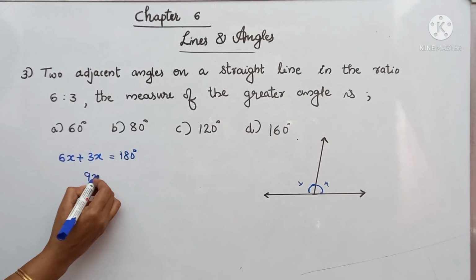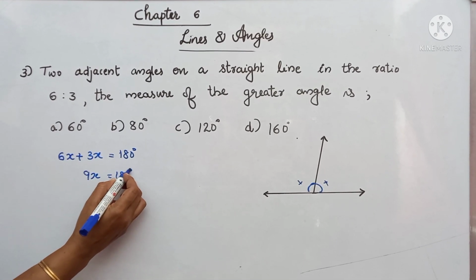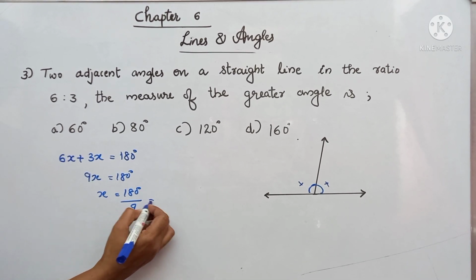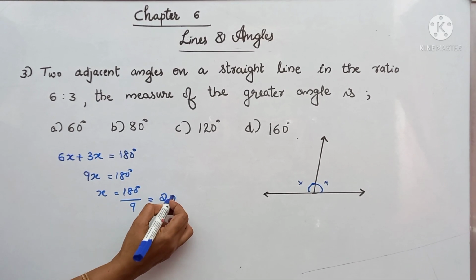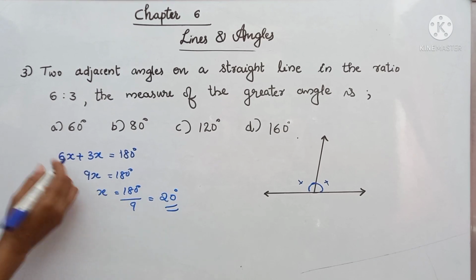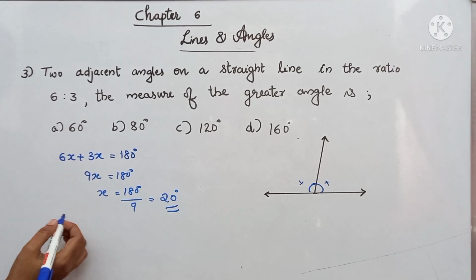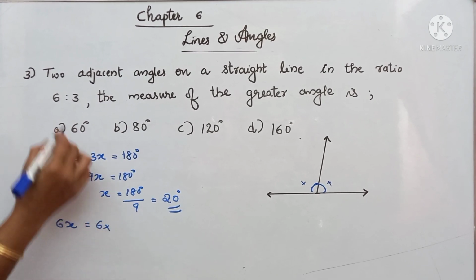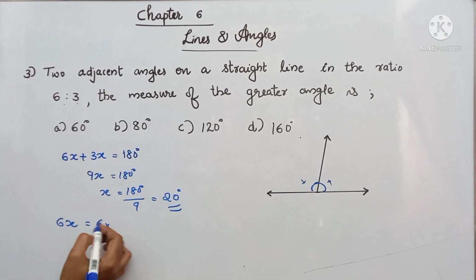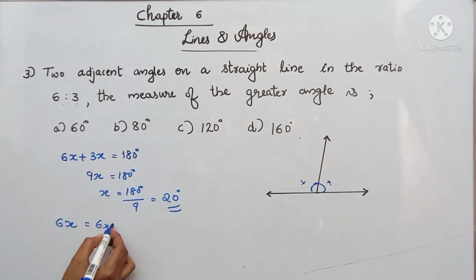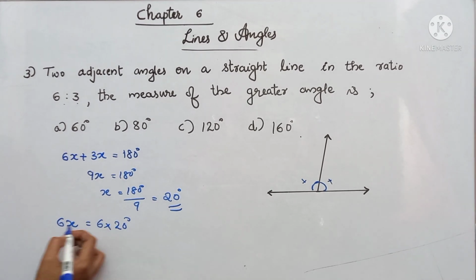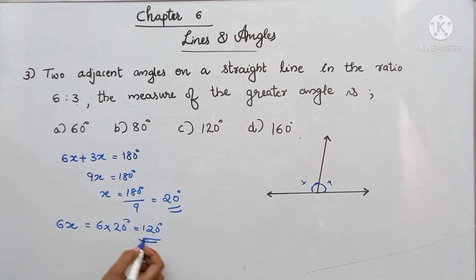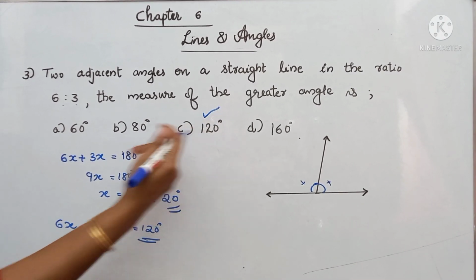So 9x is equal to 180 degrees, then x is equal to 180 by 9, which is 20 degrees. Then the measure of the greater angle is asked. 6x is the greater angle among 6x and 3x, so 6x is equal to 6 into 20 degrees, which is 120 degrees. So our answer is option C, 120 degrees.